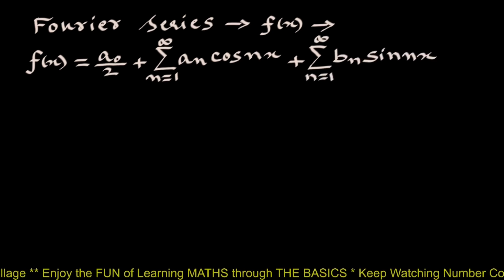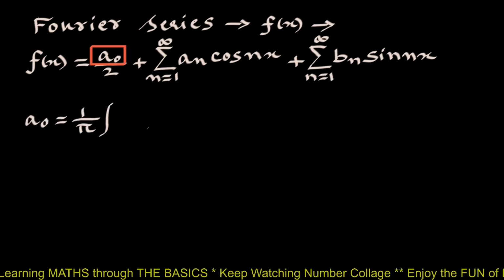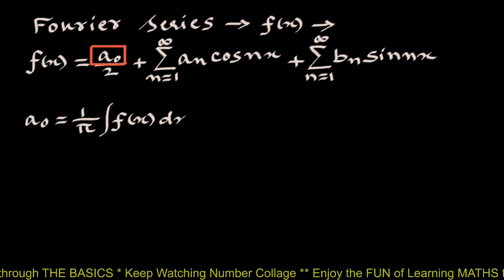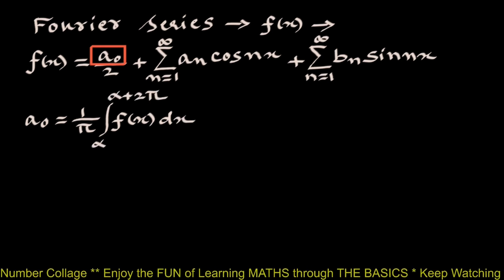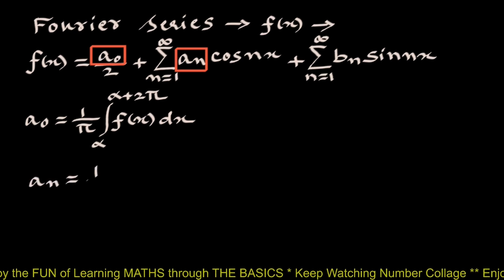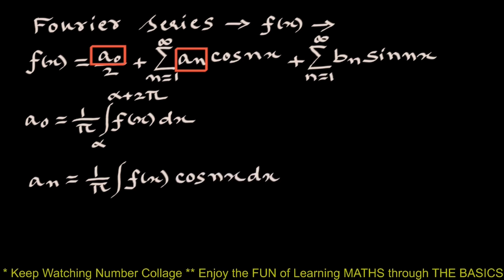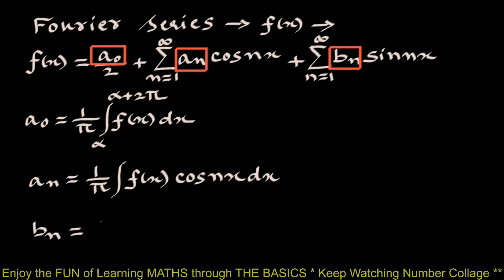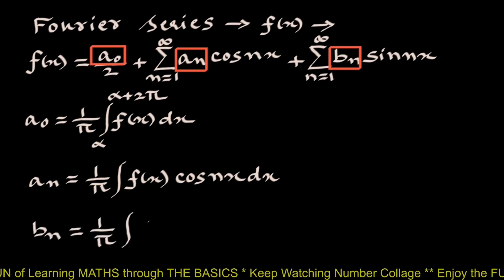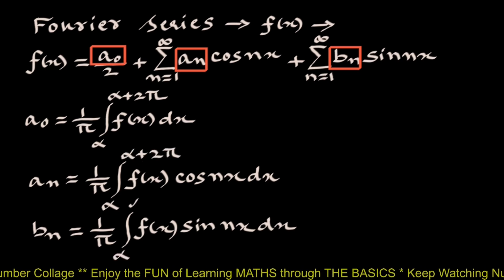The Fourier coefficients are: first, a0 is 1 upon pi integral f(x) dx from alpha to alpha plus 2 pi. The Fourier coefficient an is 1 upon pi integral f(x) cos nx dx, and the third Fourier coefficient bn is 1 upon pi integral f(x) sin nx dx from alpha to alpha plus 2 pi.